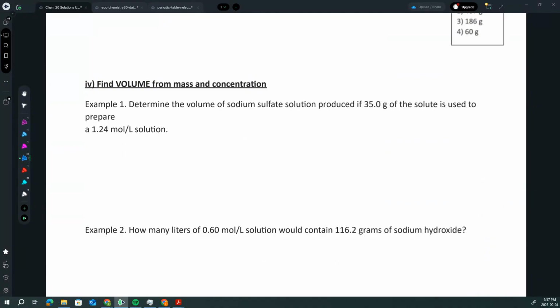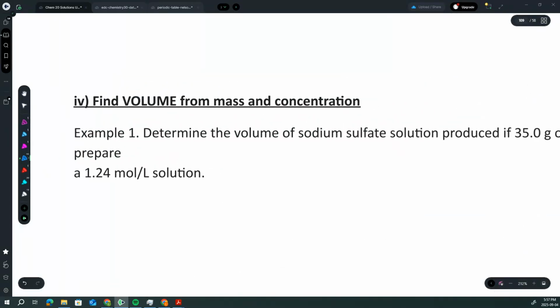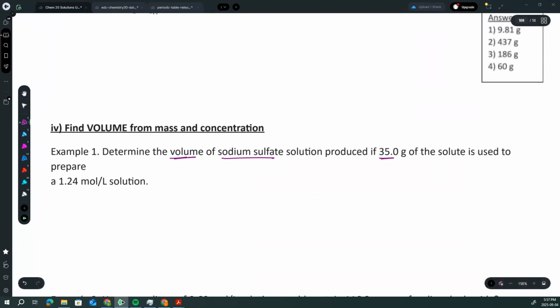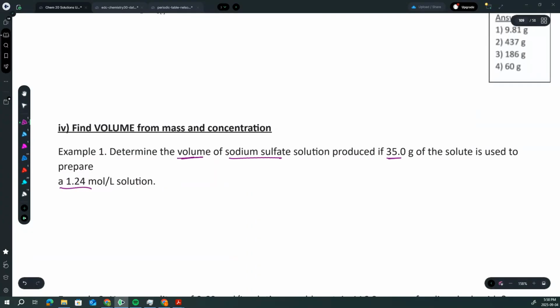Now for these next couple of problems, we're going to be finding volume from mass and concentration. So again, these are a little bit more advanced calculations, but let's take a look at them. We're going to determine the volume of sodium sulfate solution produced if 35 grams of the solute is used to prepare 1.24 mole per liter solution.